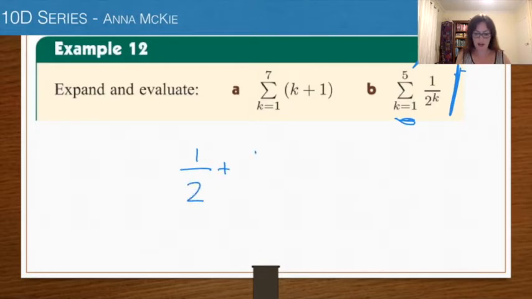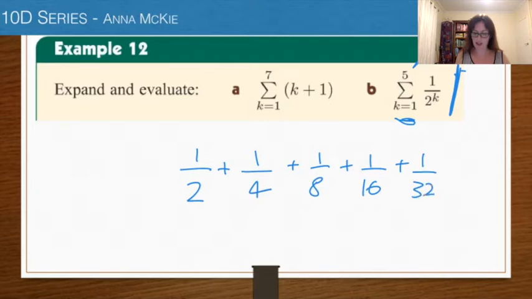The next one is 1 divided by 2 to the power of 2. Next, and so on, to 1 divided by 8, 1 divided by 16, and 1 divided by 32. To give us 31 on 32. So that's the sum of the first 5 numbers in that series.